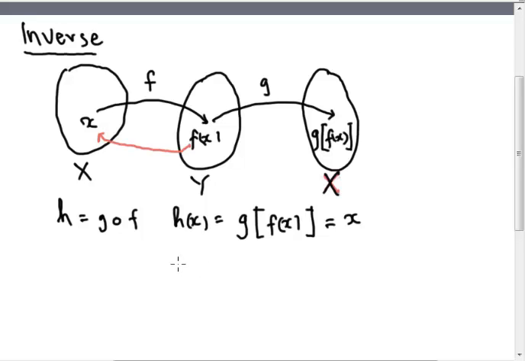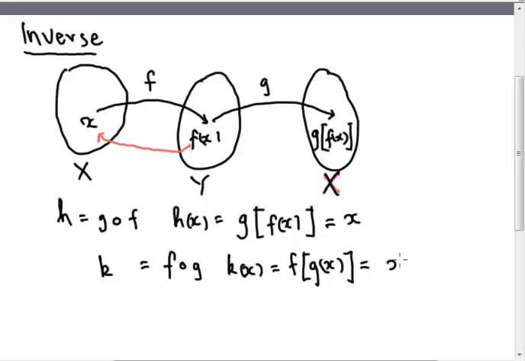Now, also, if I have f composed with g, let's call this k, and I do the evaluation of k, that is equal to f of g of x, and I get that I go back to, again, x.